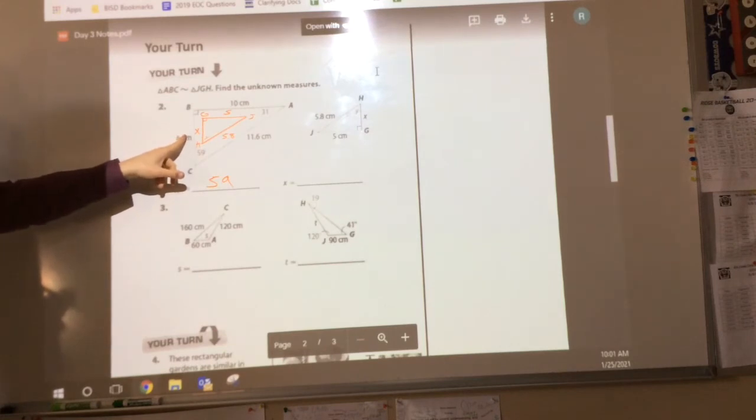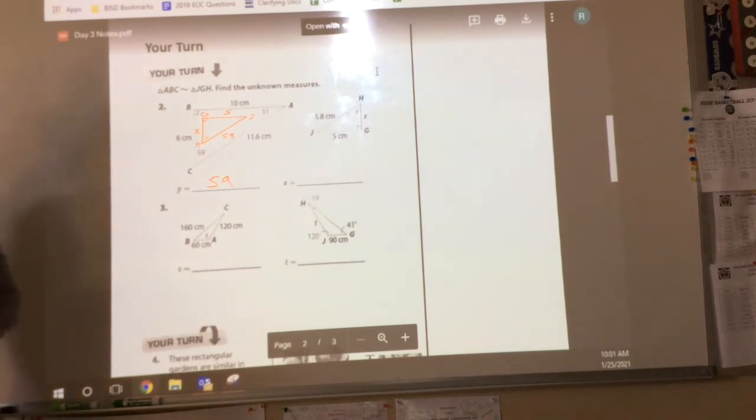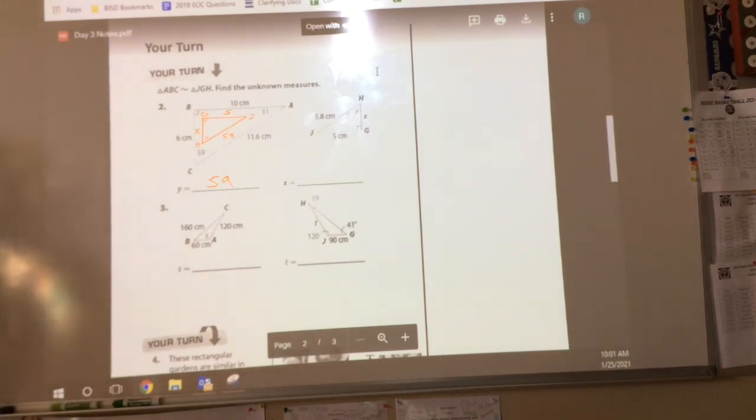Now, we want to find X now. Do you think you could solve X? Go for it. Solve X. I don't care how you do it, just want you to attempt it. I want you to think about it and see what makes sense to your brain.